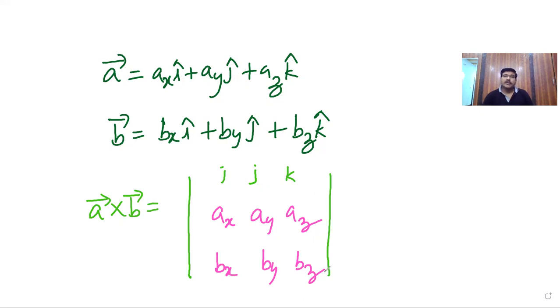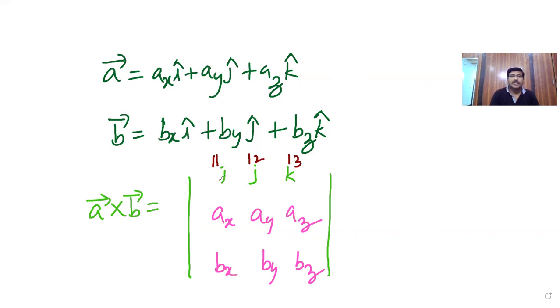How are you going to calculate the determinant? First, take the first row and first column, and remove them. The element here I am showing clearly. This is the 11th element, this is the 12th element, this is the 13th element in the matrix.